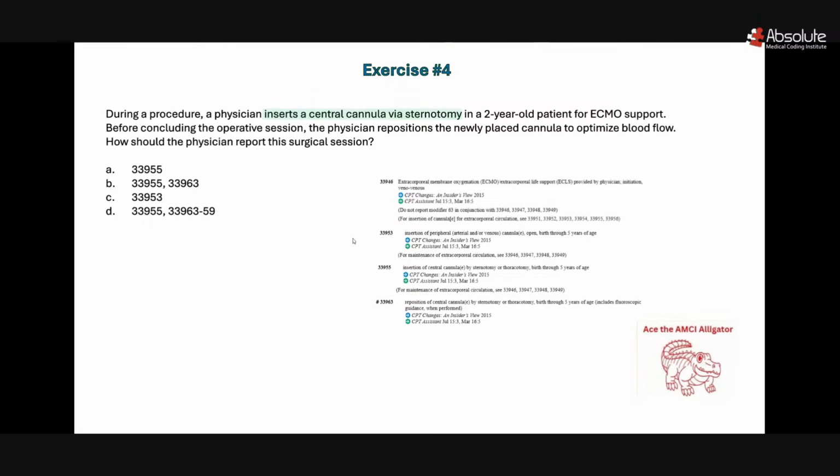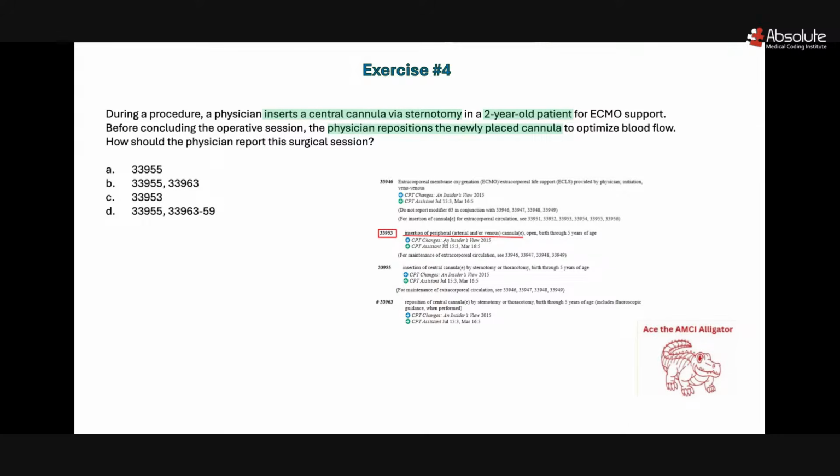Okay, so here we have a physician who inserts a central cannula via sternotomy for a 2-year-old patient. And the physician repositions the newly placed cannula before concluding the operative session, right? So it happens in the same operative session. So actually he performs two procedures. One is the insertion of the cannula and the other one is the repositioning.